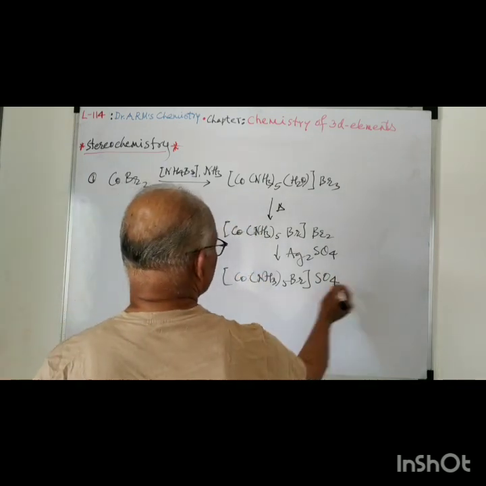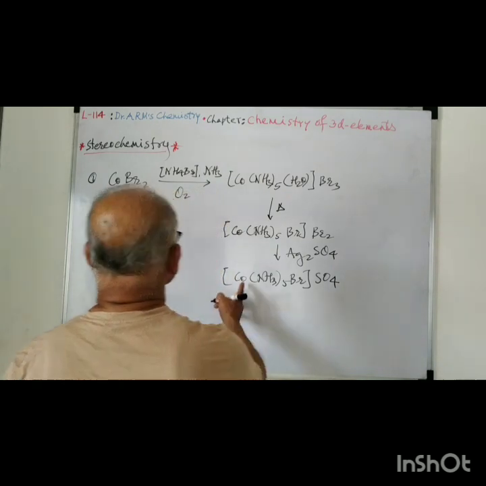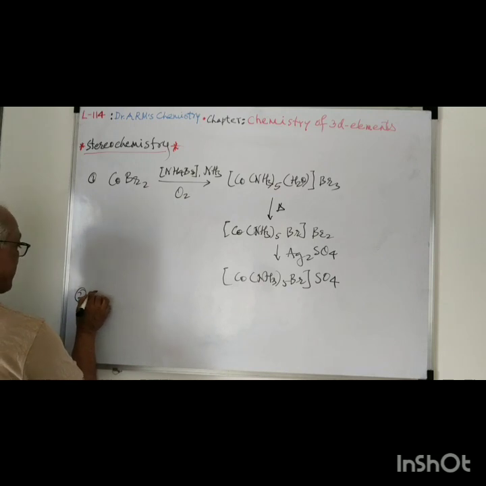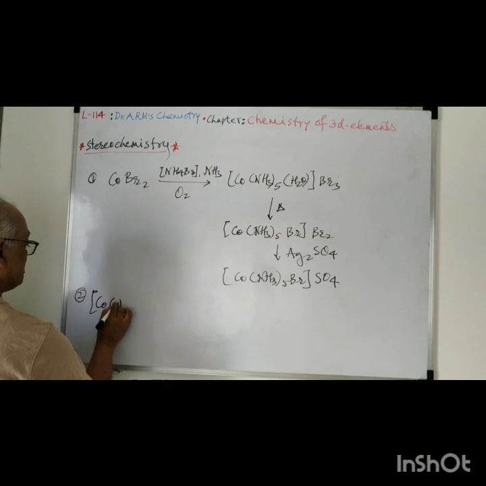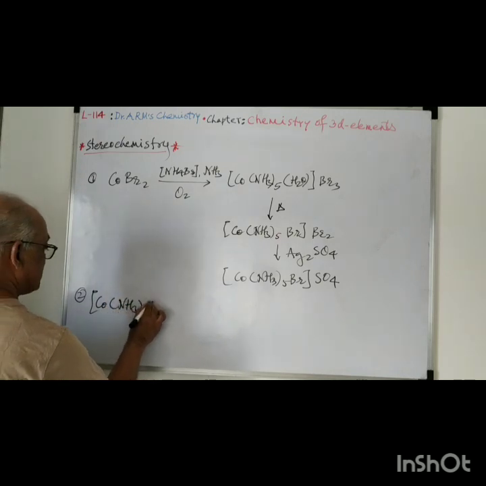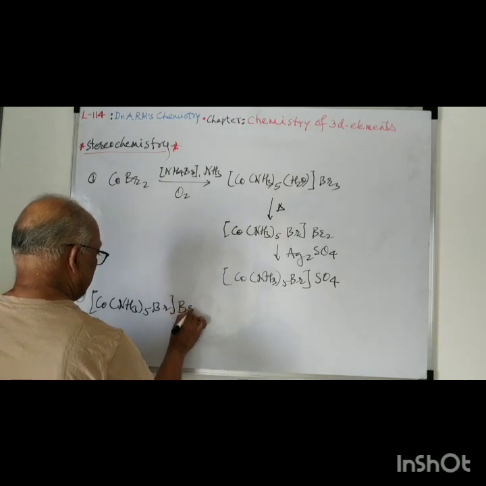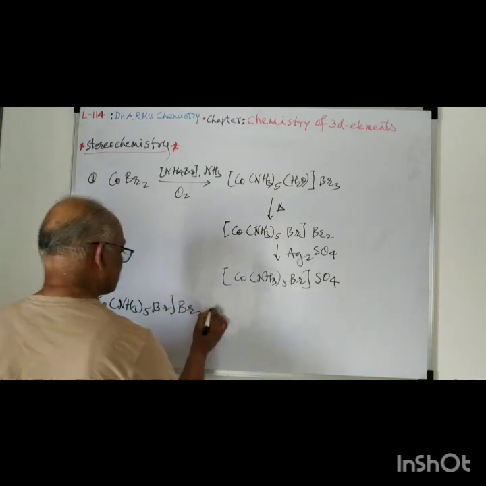So this way we get one type of isomer. Similarly, if we consider the second reaction, in order to prepare another isomer, we take [Co(NH3)5Br]Br2, with Br2 in the ionization sphere.